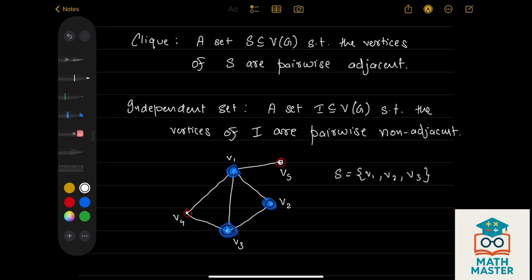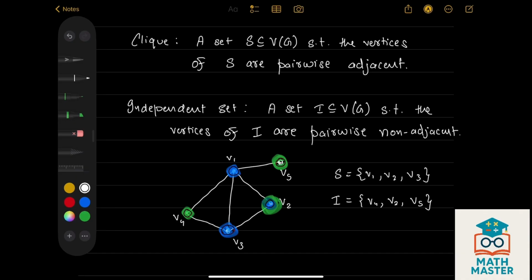Now you see that a set I equals {v4, v2, v5}. You can see that v4 is non-adjacent to v2.